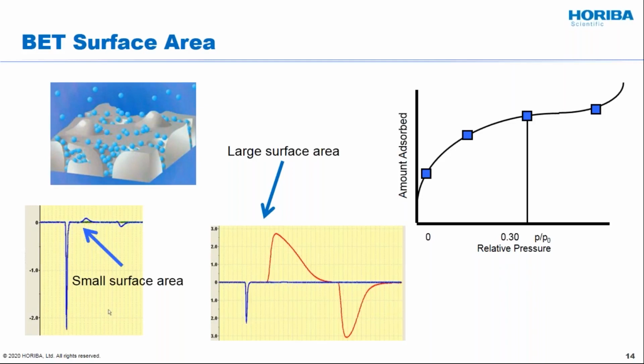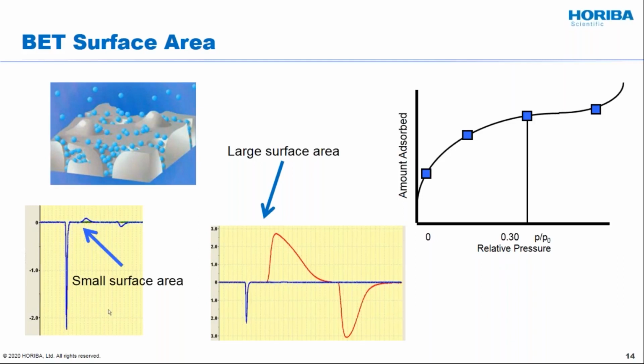And so here you can see in the upper left-hand corner a visualization of what is happening at the surface of your particle. Those little light blue dots are actually representing molecules of nitrogen, and those molecules at very, very low temperature, at liquid nitrogen temperature, are going to adhere to your surface.